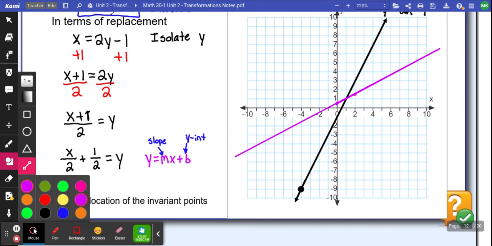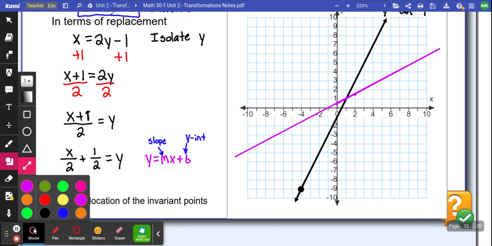Another key point is I do cross through 1, 1. That's not going to be a coincidence, so make sure your line goes through 1, 1. And then I had another point at 2, 1.5. That's from my rise over run. I had gone up 1 unit and over 2 units, which is how I got that point.